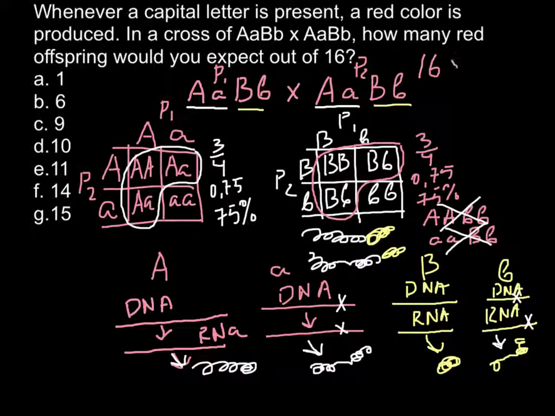So we multiply by 3/4, and we also multiply by the probability for progeny to have a normal set of B alleles, so whether two capital B alleles or at least one capital B allele is present, and the probability is once again 3/4.